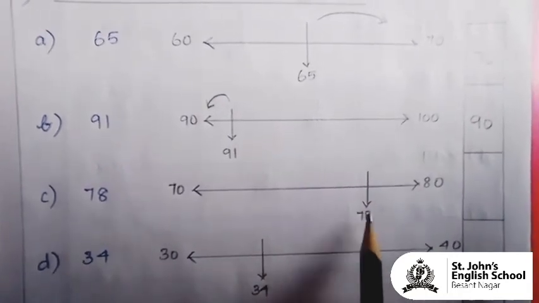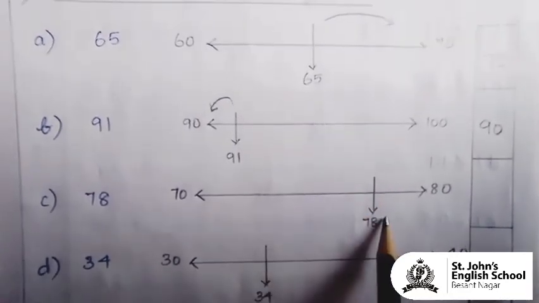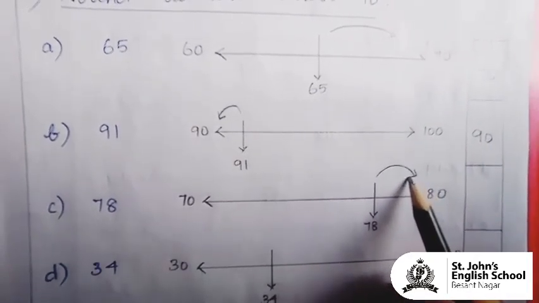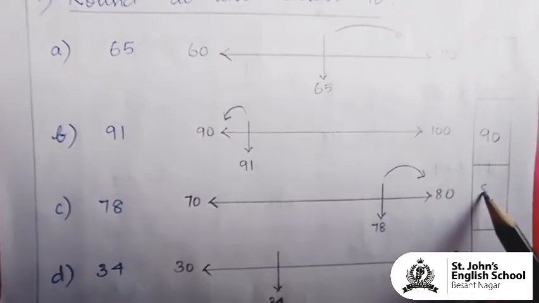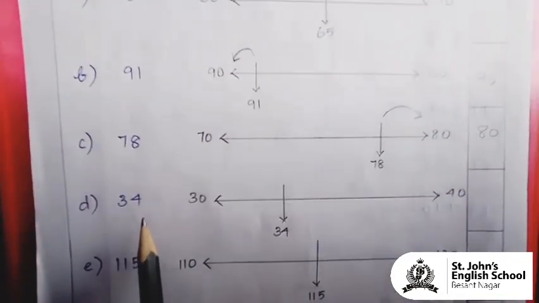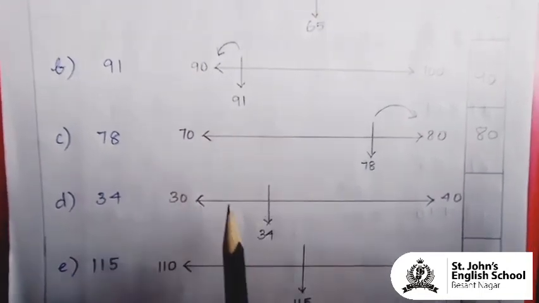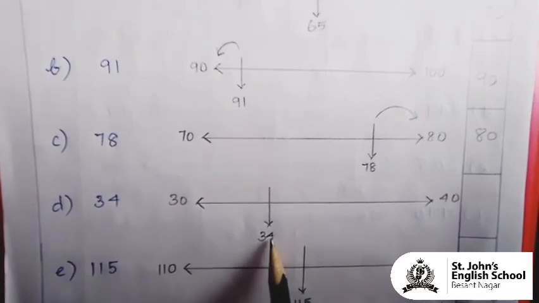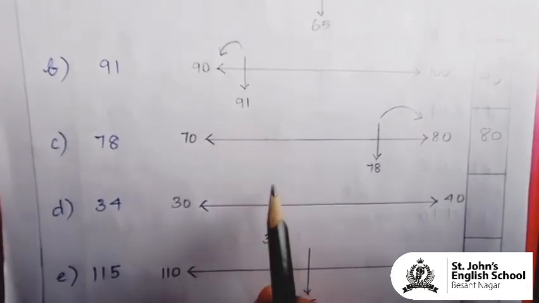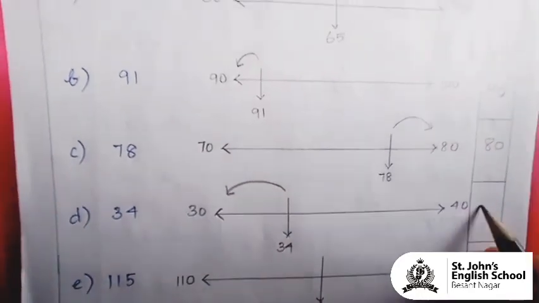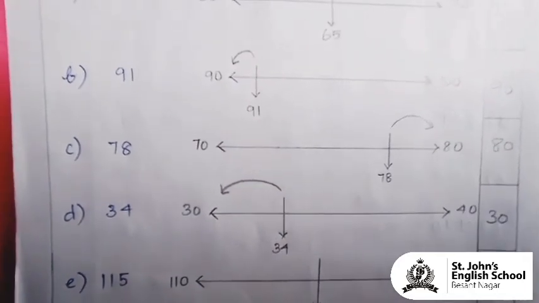So 78 is more than 5. If it is more than 5, it should go to the next number, that is 80. The next sum, 34. 34 is between 30 and 40. So 34 is less than 5. If it is less than 5, it should go to the before number, that is 30.